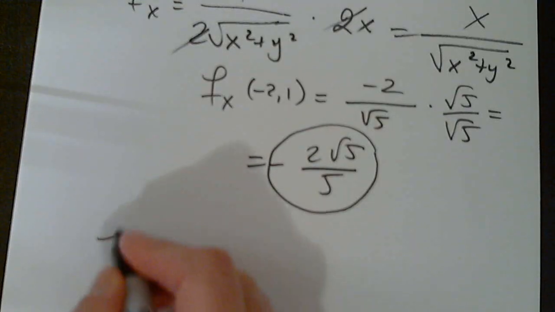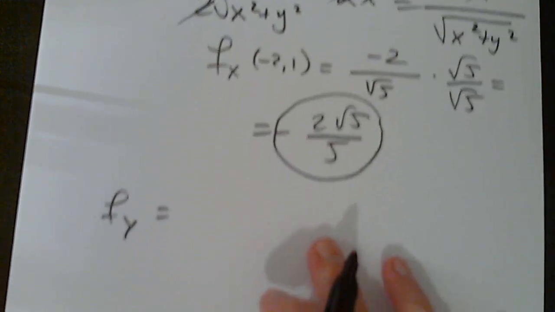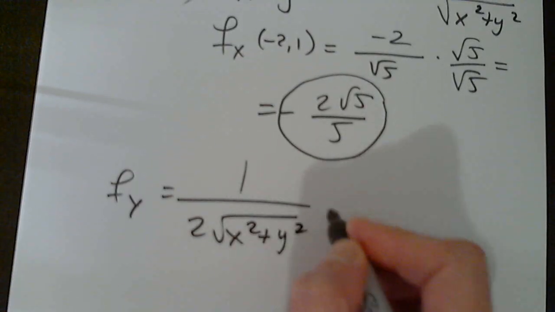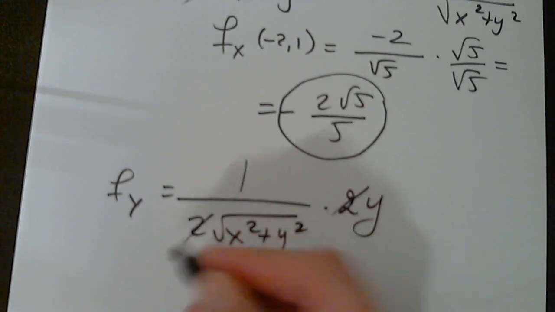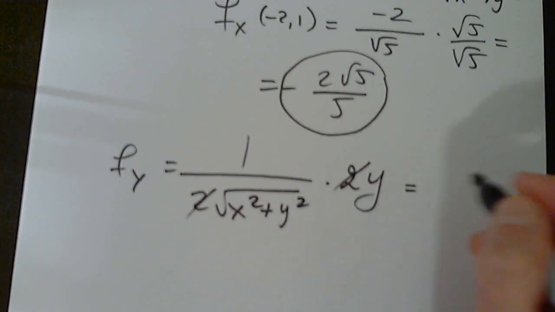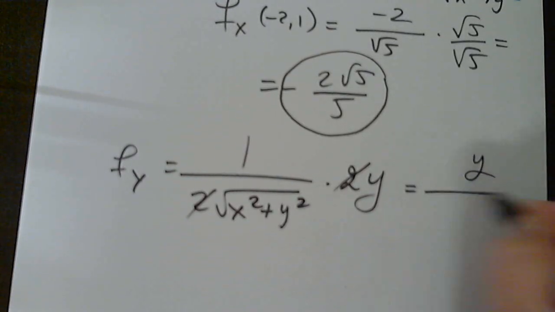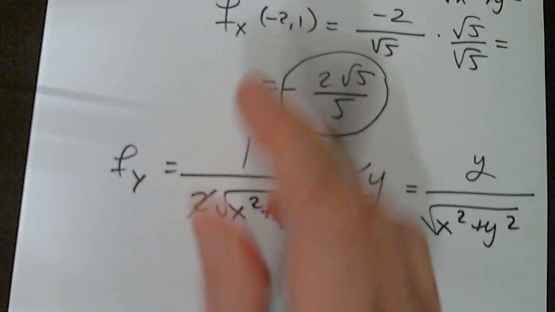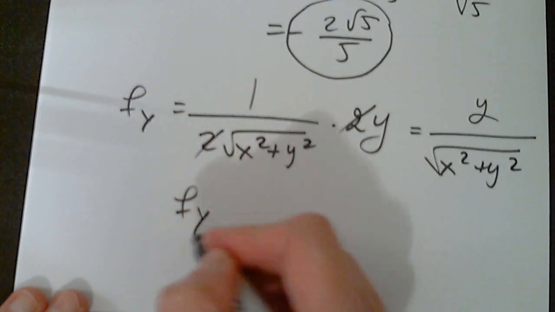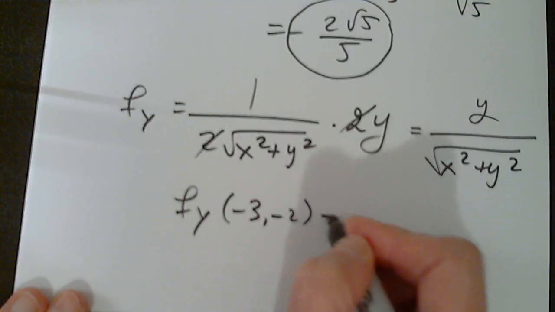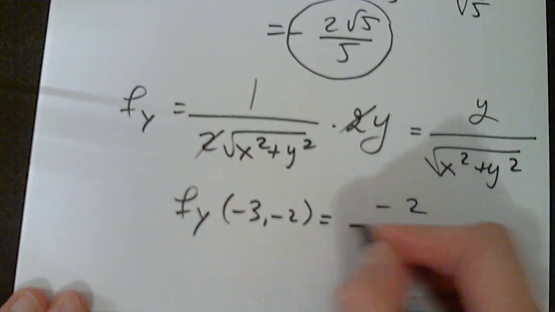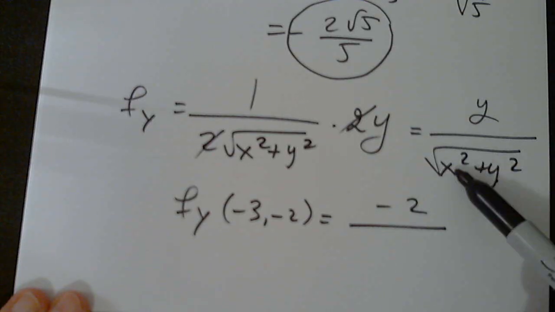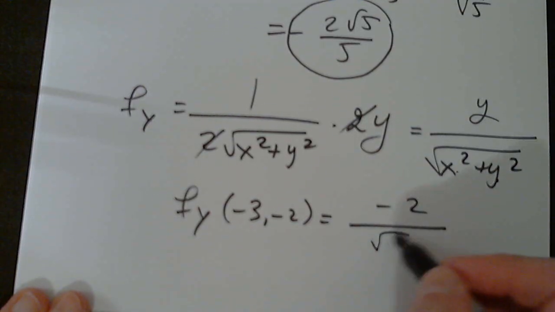The answer will be identical for fy, only that I have 2y at the top. So we have y divided by the square root of x squared plus y squared, and we plug in -3, -2. -2 over 9 plus 4. 9 plus 4, 13.